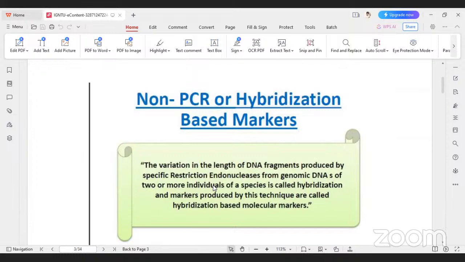Types of DNA markers: actually, there are two types, dominant and codominant.